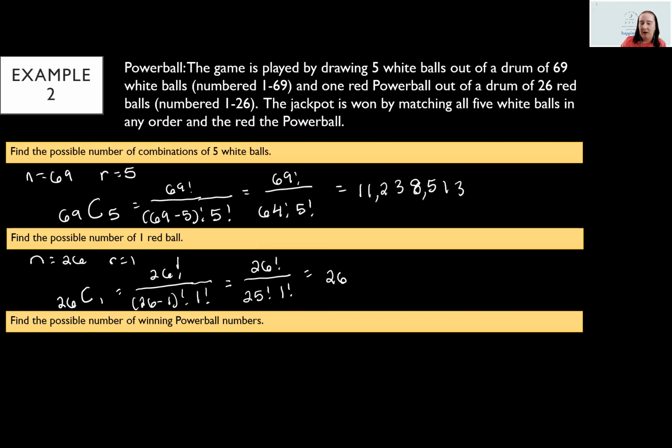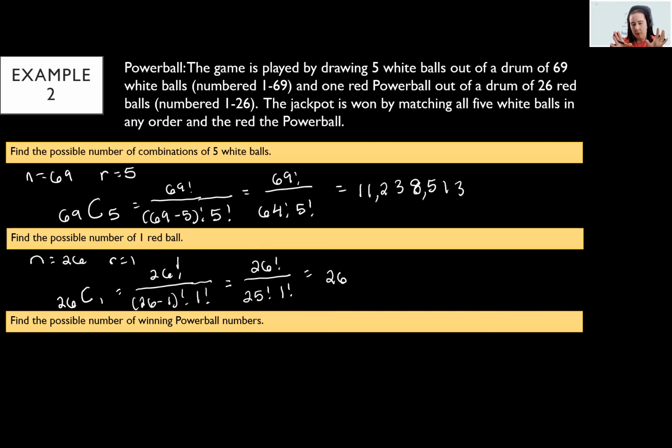So now we want to find the possible number of winning Powerball numbers. If you're playing Powerball, how many choices are there of possible winning numbers? That would give you an idea of the odds, because you're picking one out of that number of choices to be the winner. You can see how hard it would be to win Powerball.